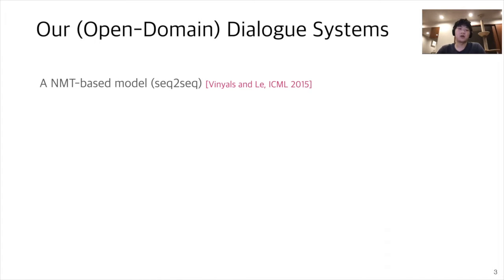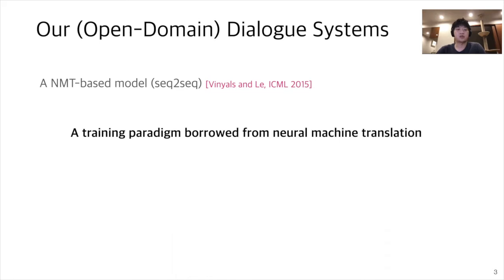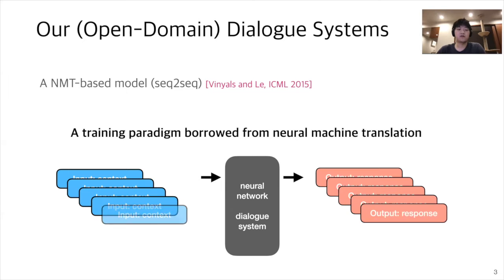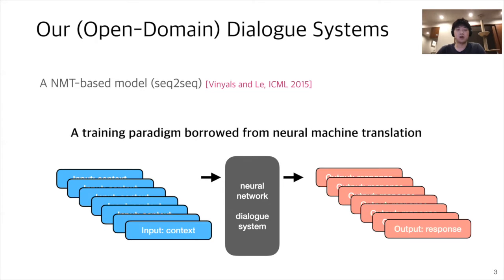Therefore, current dialogue systems use a training paradigm borrowed from neural machine translation, where for a neural network, which is our dialogue system, we input a dialogue context and try to predict the response output. And with a bunch of context and response pairs, we can train our neural network to chat like a human.